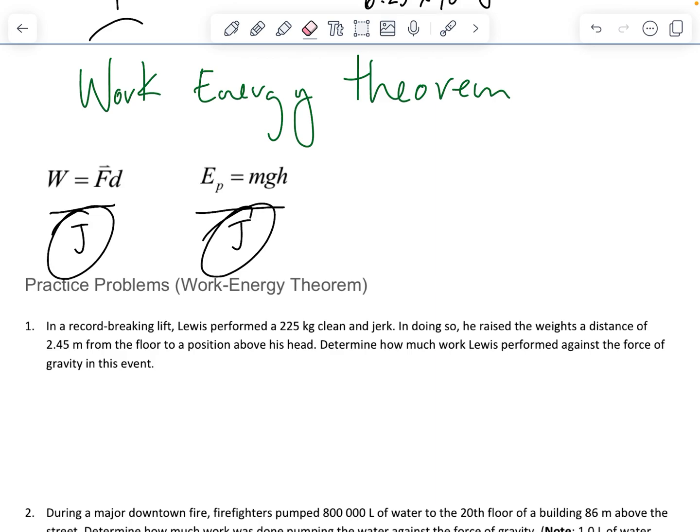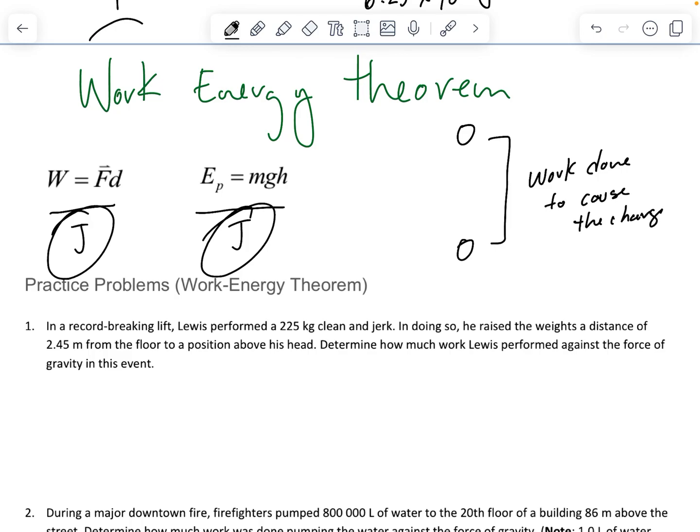And so in these questions, we're going to have an object that's at a point. It's going to go to another point, and the difference between these two points is the work done to cause the change.